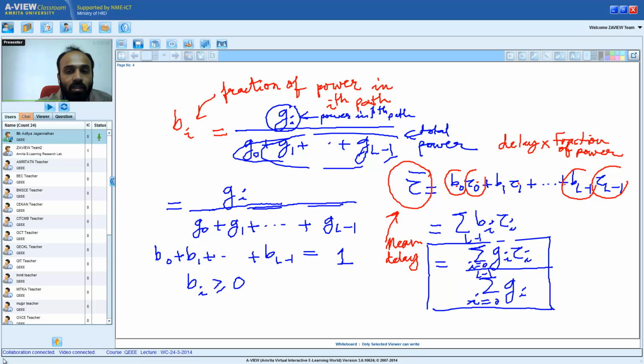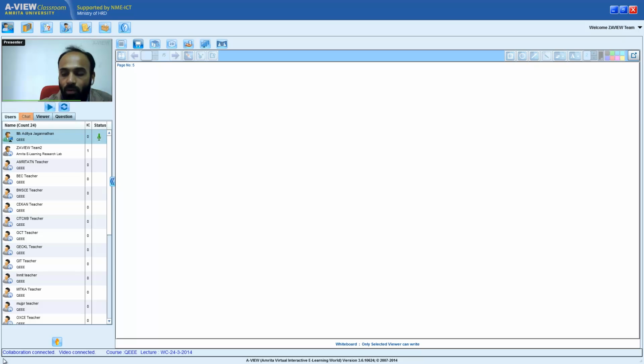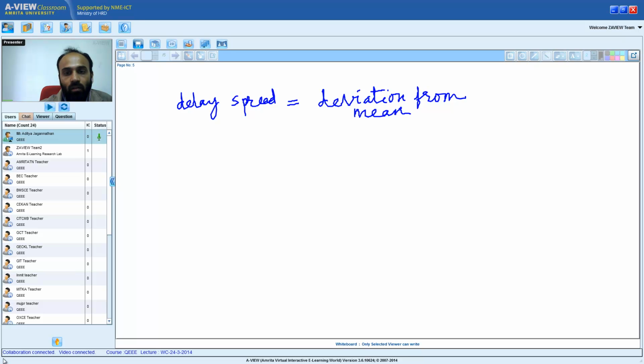Now delay spread, naturally, once I compute the mean delay, equals the deviation from the mean.